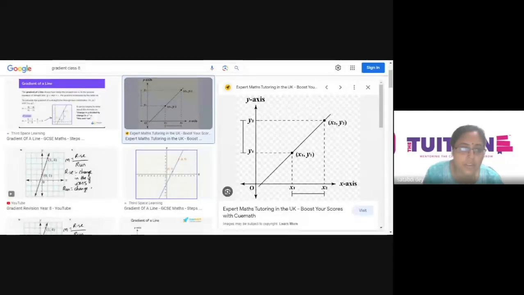Yes. See what is happening when we are moving from this one. There are 2 points given on the line. So x1, y1 are one coordinate, and x2, y2 are the other coordinate, right? As we are moving from one point to another, the value of x is changing. Initially, the value of x is x1, and then it is changing to x2. So what is the change in value? It is x2 minus x1. So that is your delta x. I was telling you, slope or gradient is equal to delta y by delta x. So delta y is change in y divided by delta x, which is change in x.